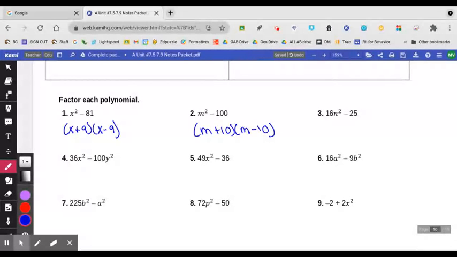16n squared is a perfect square, minus, so I'm subtracting, 25 is a perfect square. So that's 4n plus 5 times 4n minus 5. So again, pause and do 4 through 7.